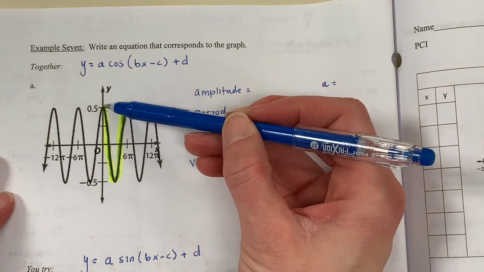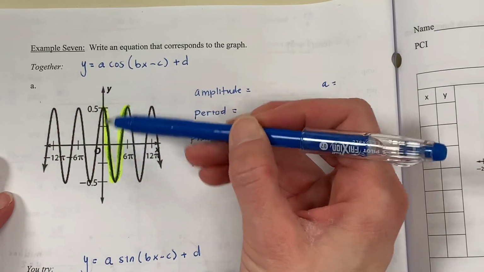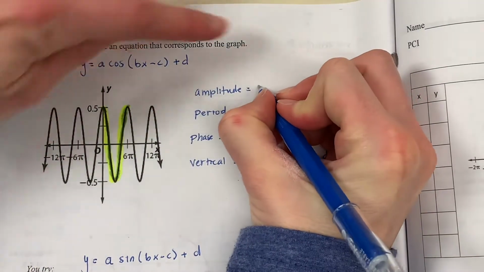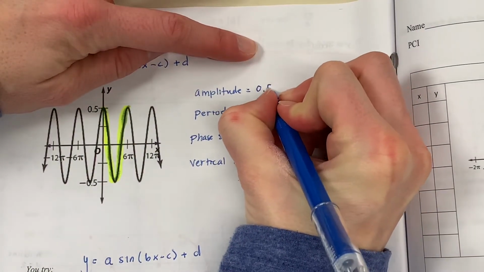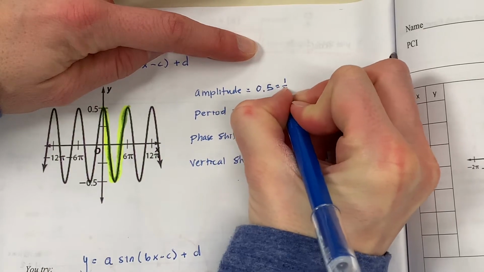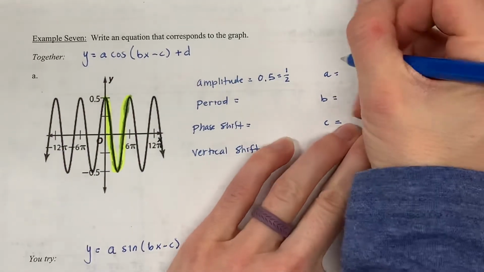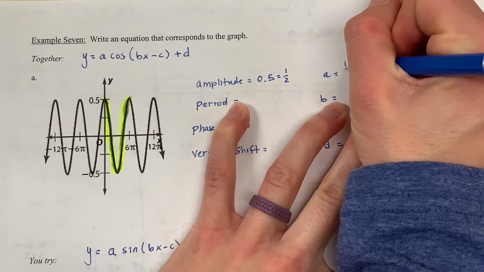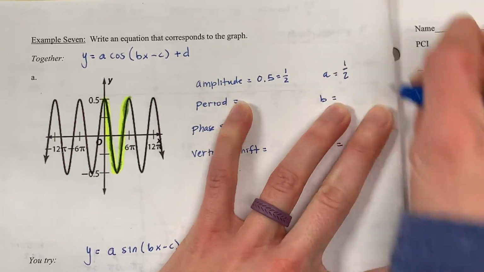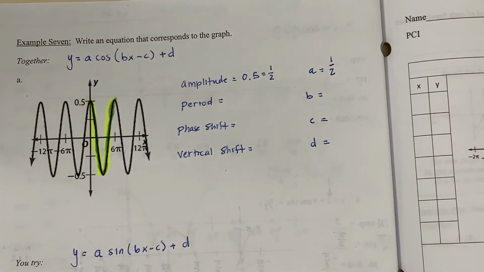And if I go up to my maximum, it's 0.5. So that means my amplitude is 0.5 or 1/2. Since the curve begins at a maximum, there's no reflection. So my a value is also going to be 0.5, or as we typically see it, 1/2.